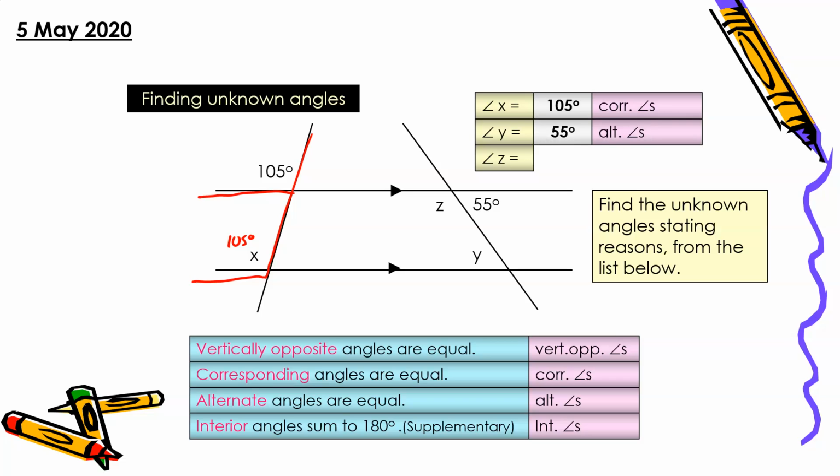Next, Y is alternate to 55, so this must be 55. Now Z, it sort of brings up the question with Z, how can we work it out? Now, if we take a look at the straight line here, it's supplementary with 55, so that adds up to 180, but also we know that it's a co-interior angle as well.